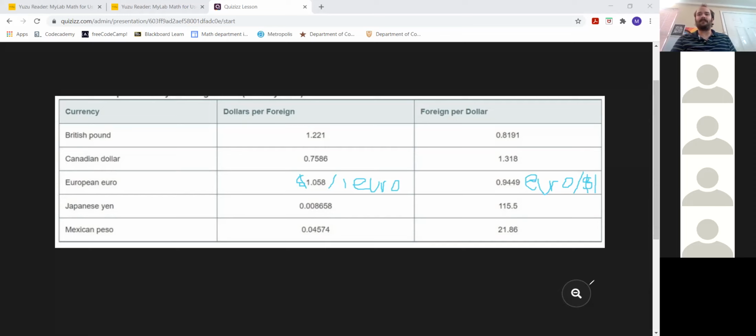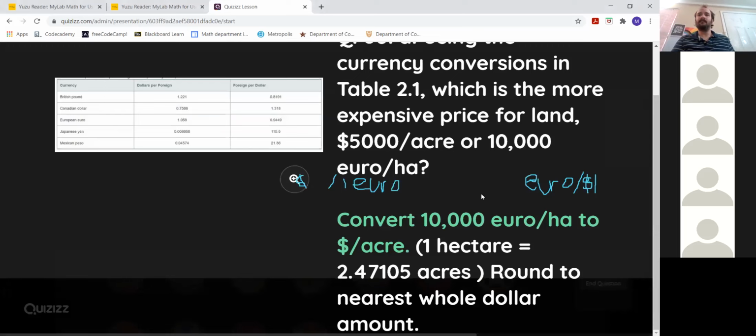And then the other thing I want to do is convert hectares to acres using this conversion factor. So I start with 10,000 euros per hectare.